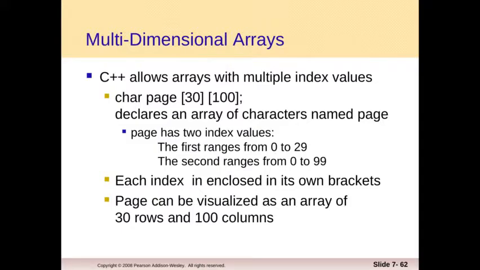We write a two-dimensional array like this, for example. So here we're declaring a two-dimensional array, and that two-dimensional array has 30 elements in the one dimension and 100 elements in the other dimension. How do you read this? Well, the way to read this is to think about it like this.